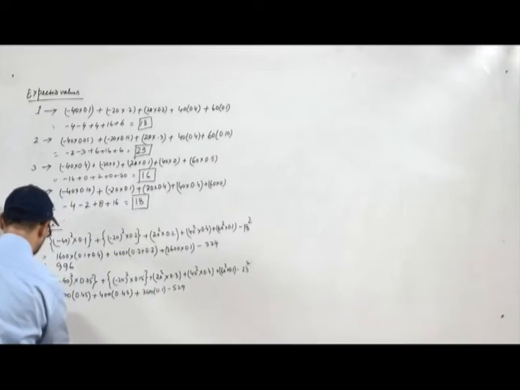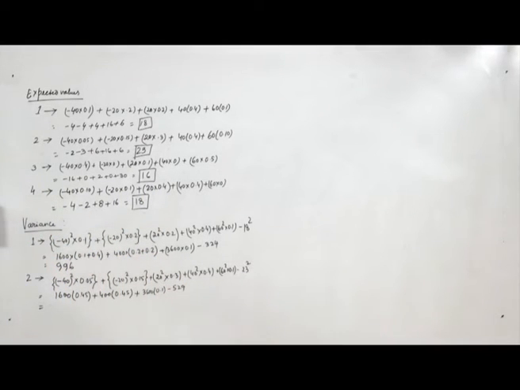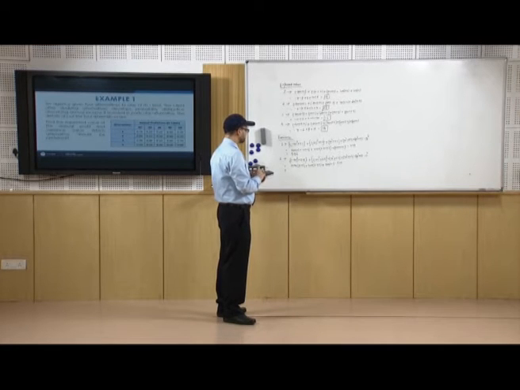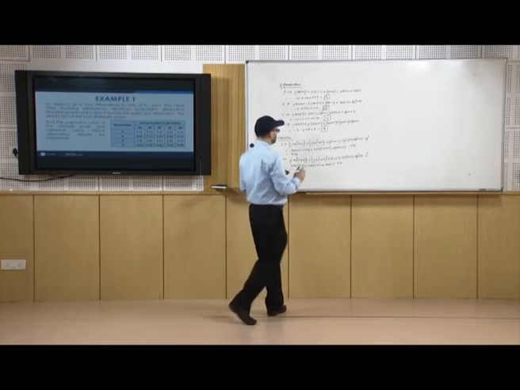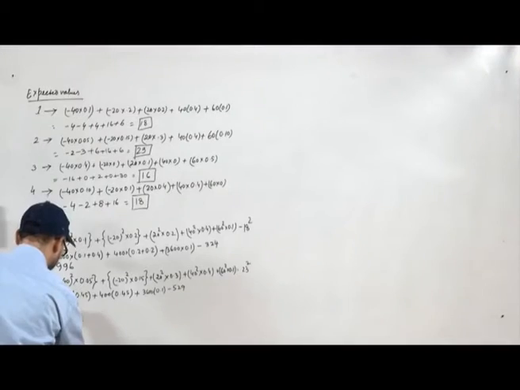So, if you compute this value, this comes out to be 720 plus 180 plus 360 minus 529. So, this is coming out to be 731.